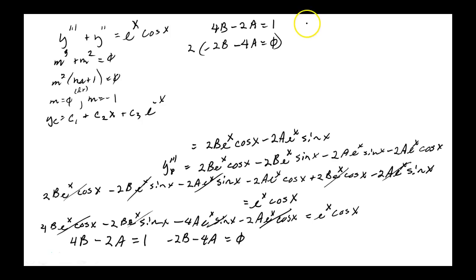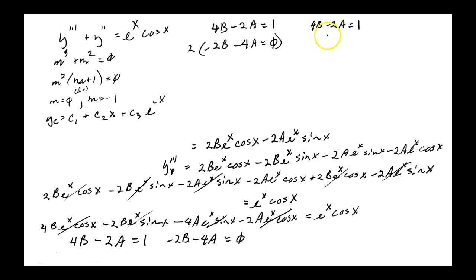Okay? Now that gives us, first equation stays the same, 4b minus 2a is equal to 1. Second equation is now minus 4b minus 8a is equal to 0.